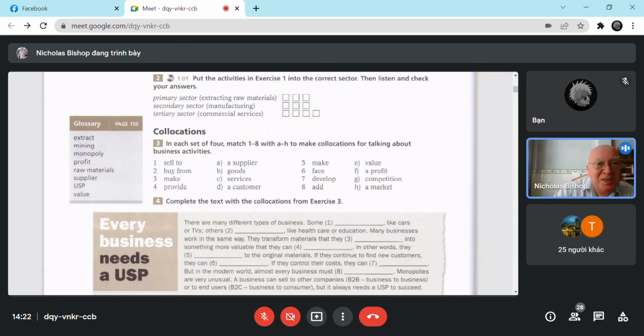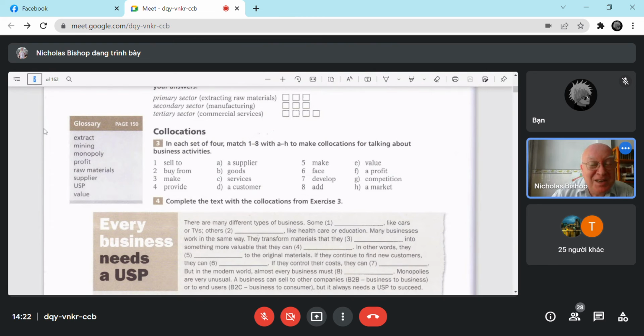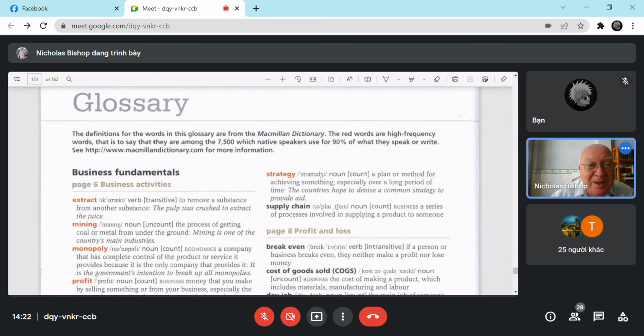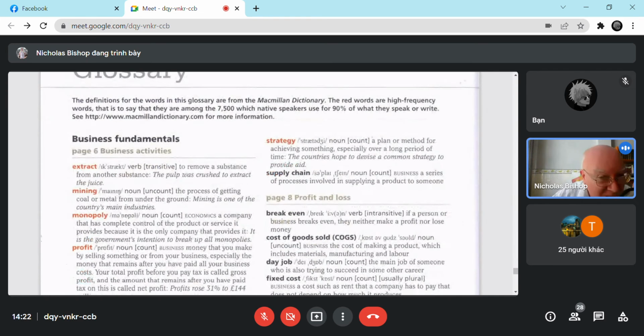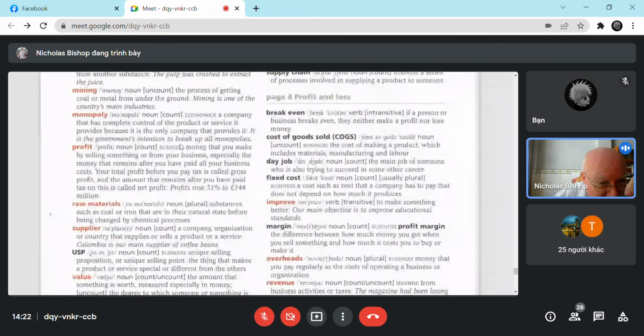This is why it's important to know where the glossary is, for the people who don't know those things. Let's have a quick look at it. Page numbers are not quite the same, but okay, what does it say in the glossary? It says extract: to remove a substance from another substance. How about USP?